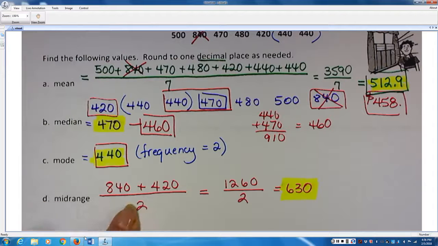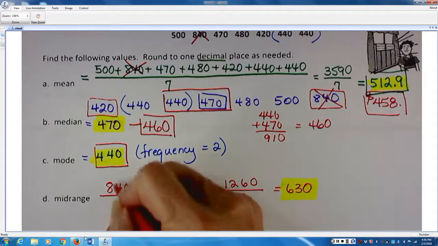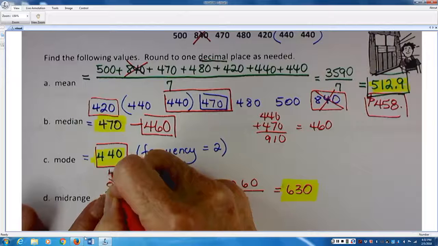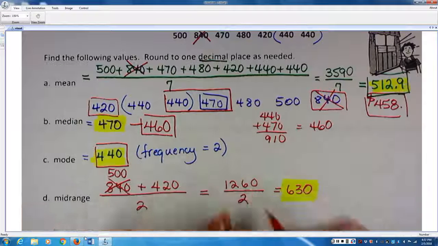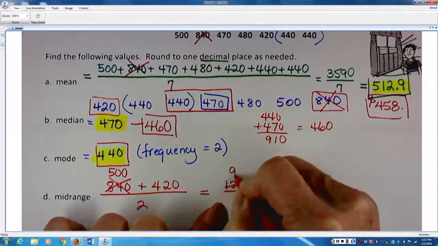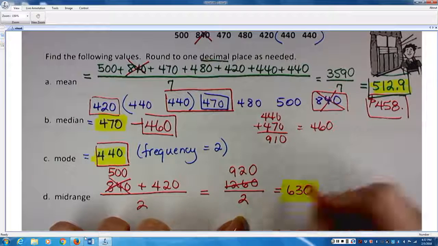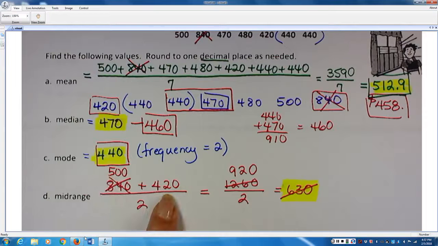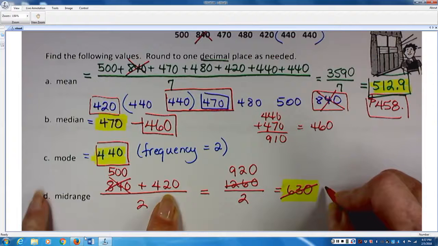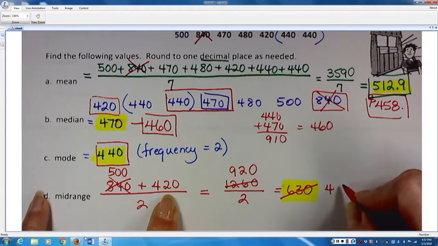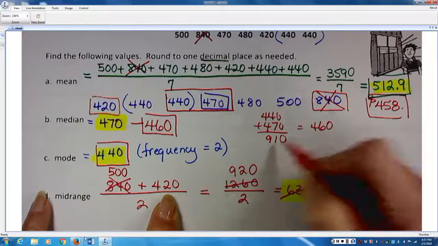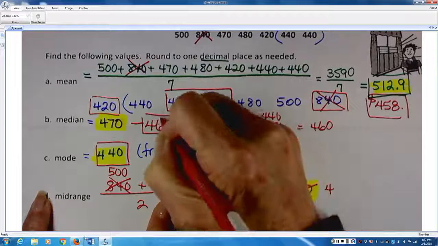The only one, if I leave out that 440, that now makes this 500. And 500 plus 420 is 920, and the middle of that is... I think I did this one wrong, 910, 450. That's 455, sorry.